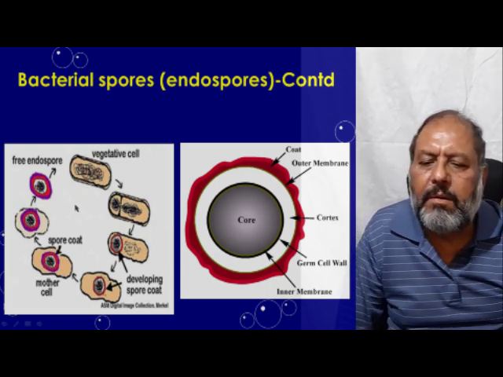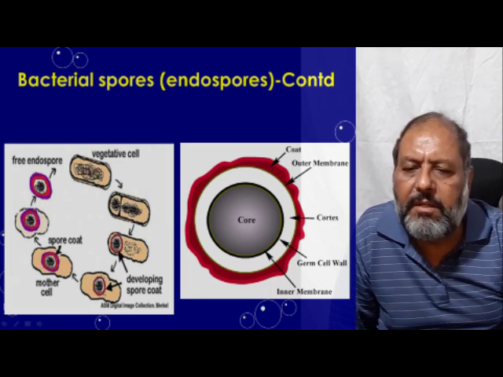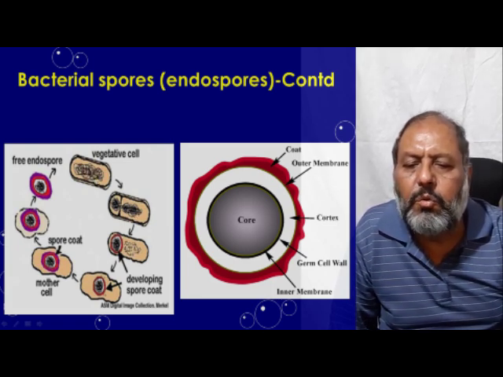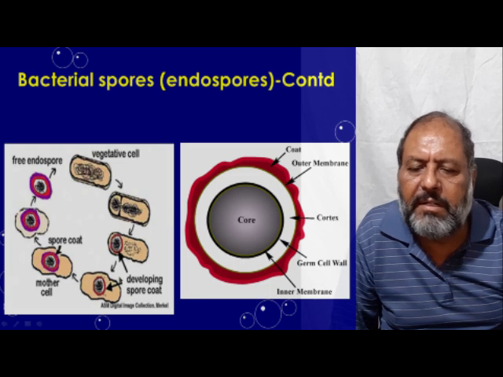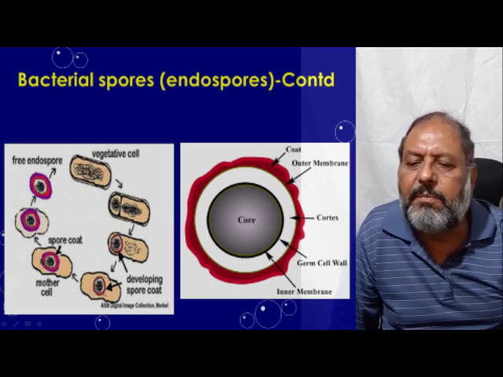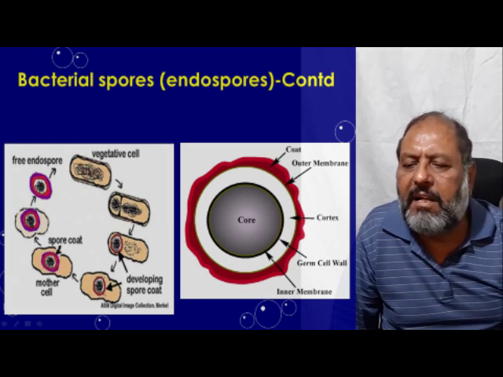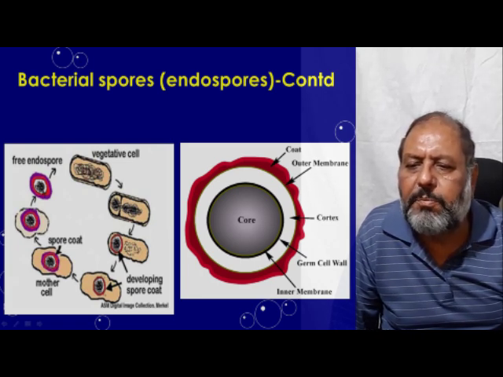And here one can see the vegetative cell that changes in a bad environment to make the spore. Here one can see the cell transform into the spore, and ultimately the spore remains as part of the cell, and here you can see the spore, which is a free endospore.